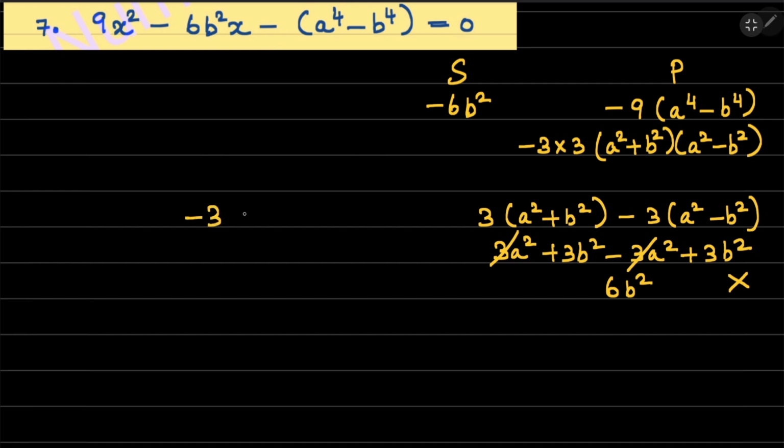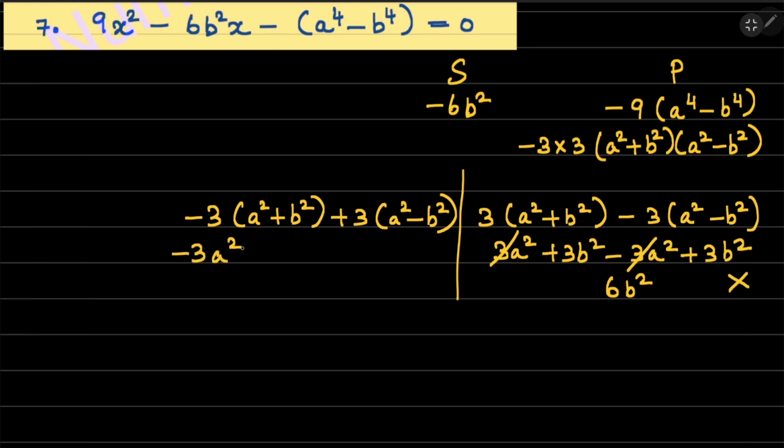Let me take a negative 3 to a square plus b square and plus 3 to a square minus b square. In this case, when I add them, what do I get? Minus 3a square minus 3b square plus 3a square minus 3b square. In this case, 3a square gets cancelled.